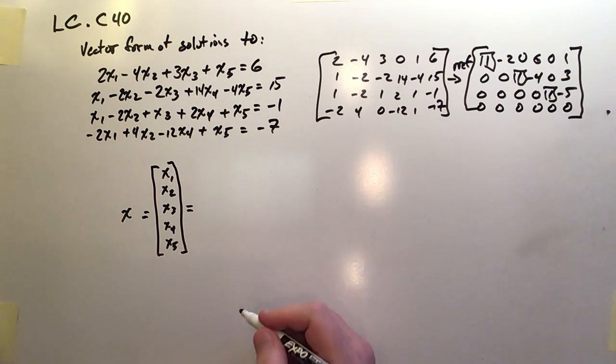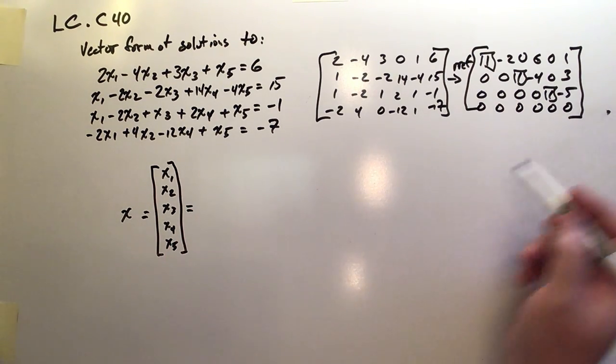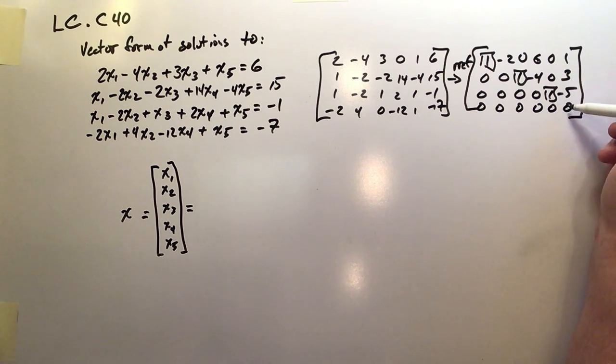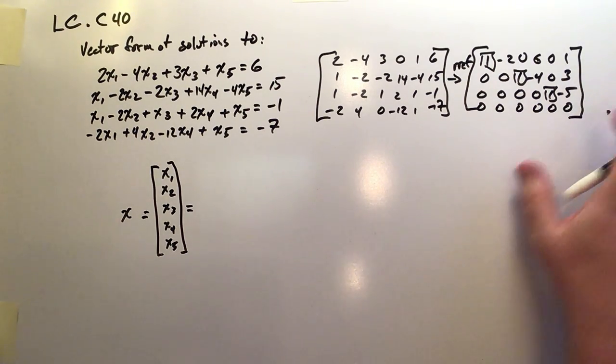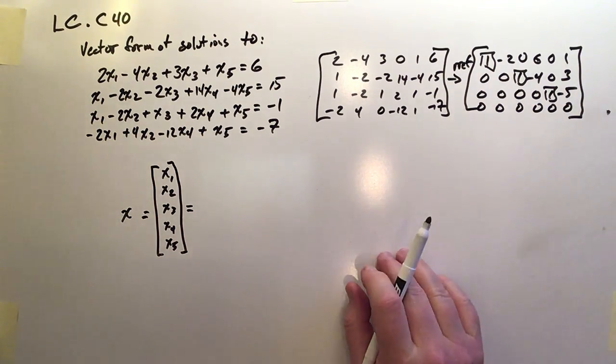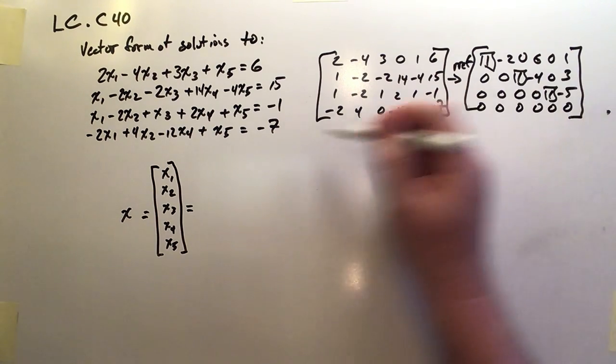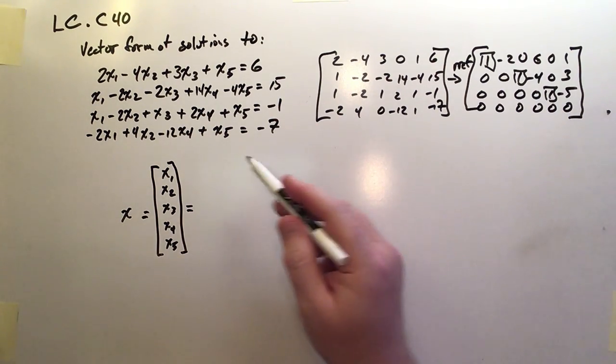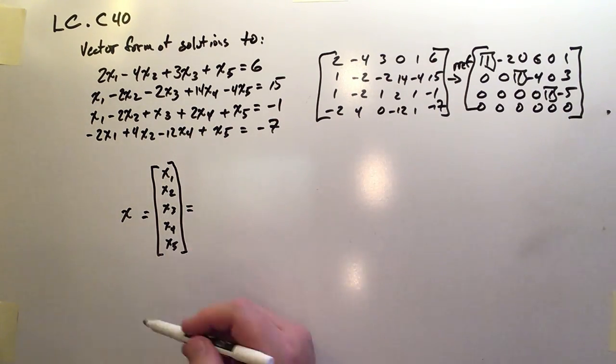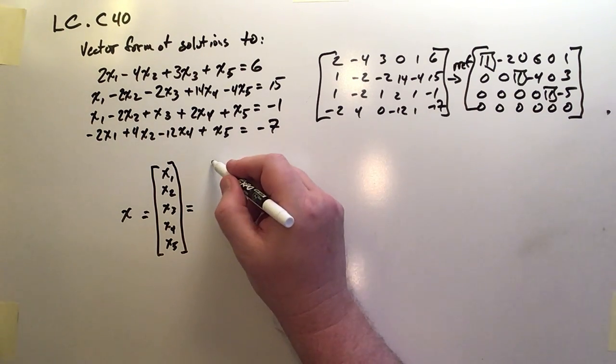Well, what's that going to be equal to? I need to start with the solution column, because we want to build everything on the far side. One difficulty is there are only 4 values in the solution column, and in reality there are 5 variables. So how do we build that solution column?